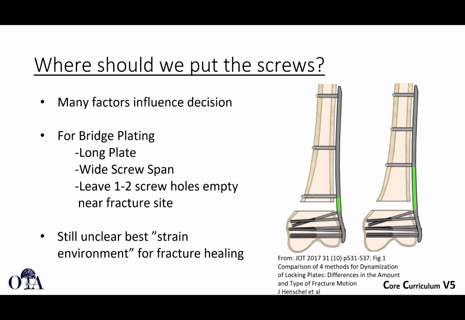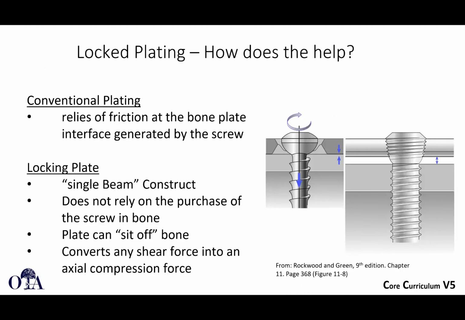Now, this is a little bit of a tricky example because you're showing this one gap. If you're truly doing bridge plating, you probably want more of a comminuted fracture here. If you had a simple fracture like this, you probably would not want a bridge plate like this. And it's really just unclear what's the best strain environment for fracture healing.